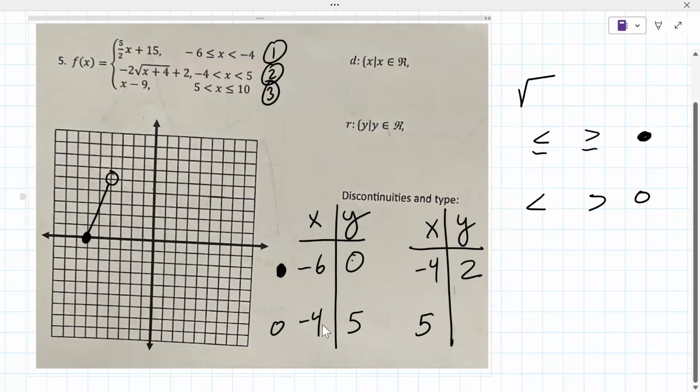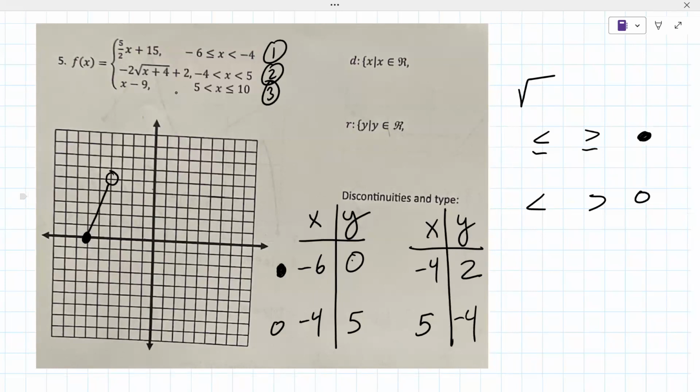Yes. Okay. Open or closed circle at each? Open for both. Very good. All right. So -4, 2 is right there. 5, -4 is 1, 2, 3, 4 is there.